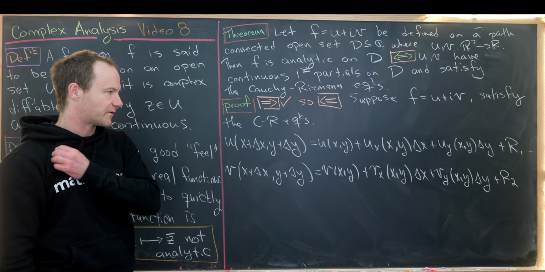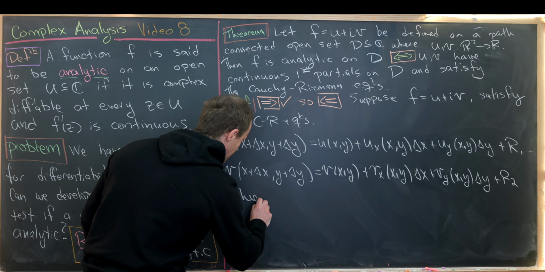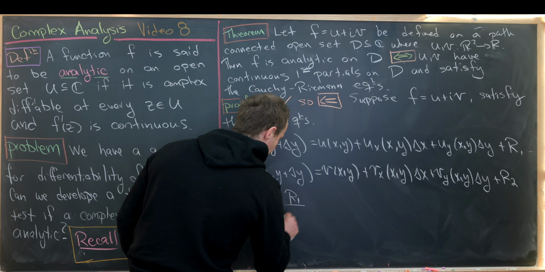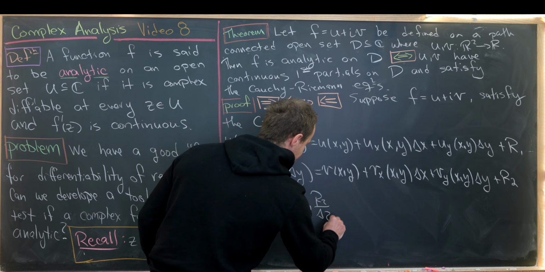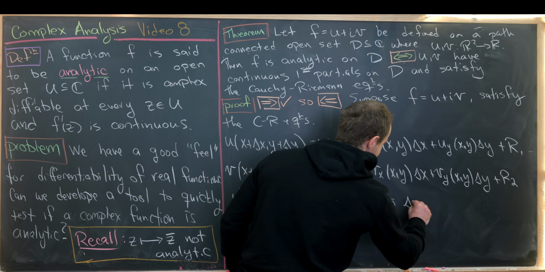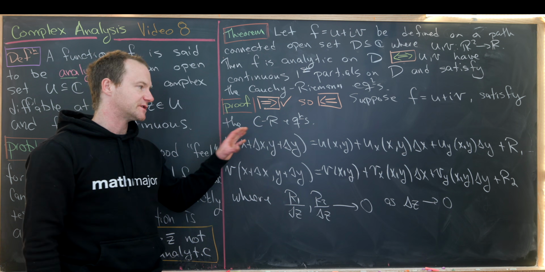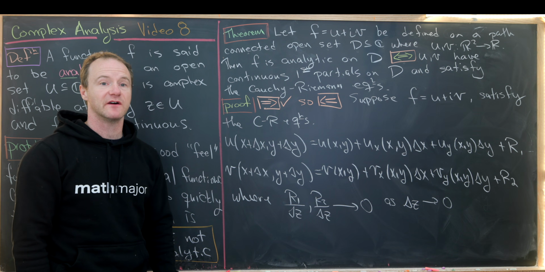What's the rule for the remainder here? Well, it goes something like this: r1 over delta z and r2 over delta z approach 0 as delta z approaches 0. That's going to be extremely helpful when we start putting this in terms of the derivative.